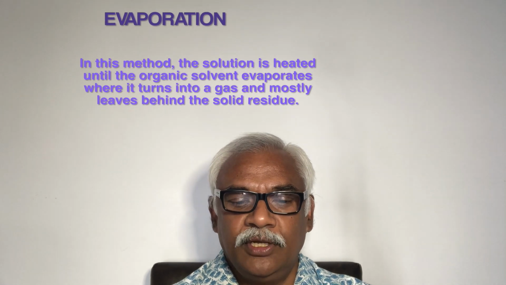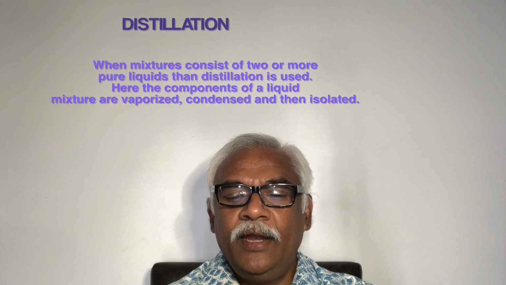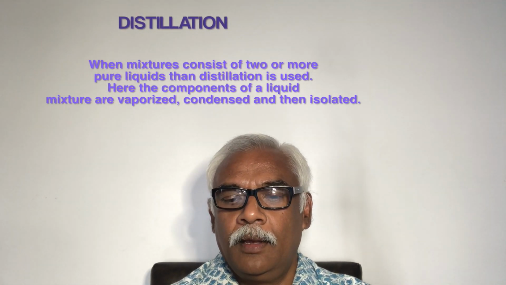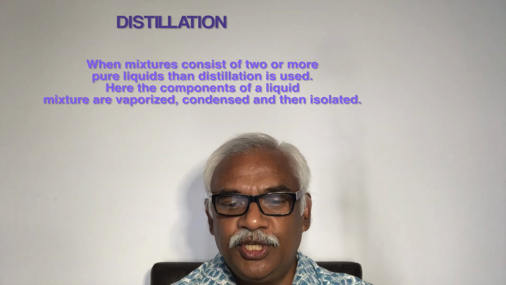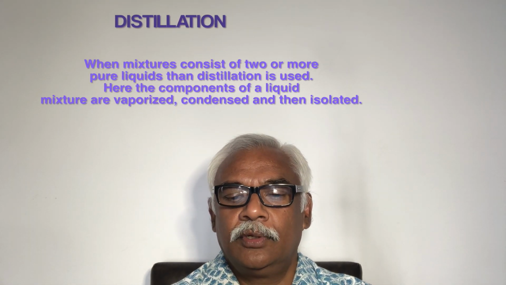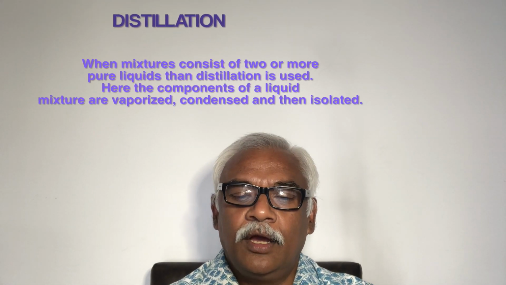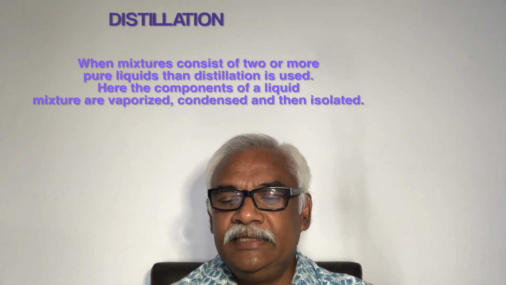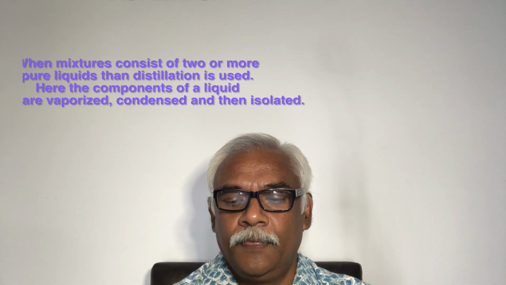That is evaporation. We can look at distillation. When a mixture consists of two or more liquids, distillation can be used. Here, the components of the liquid mixture are vaporized, condensed, and then isolated.